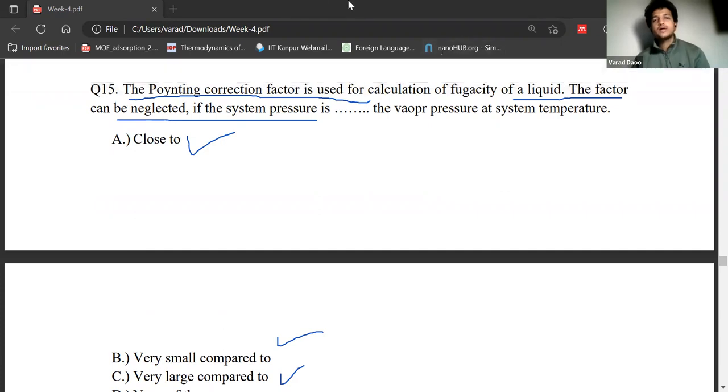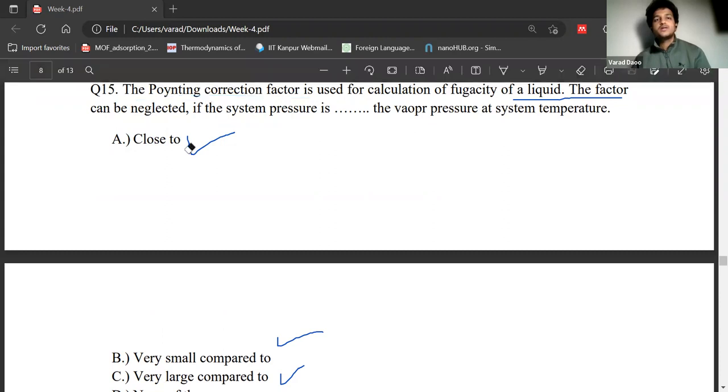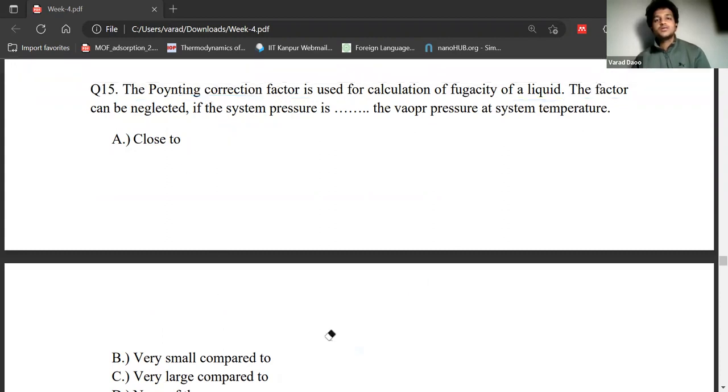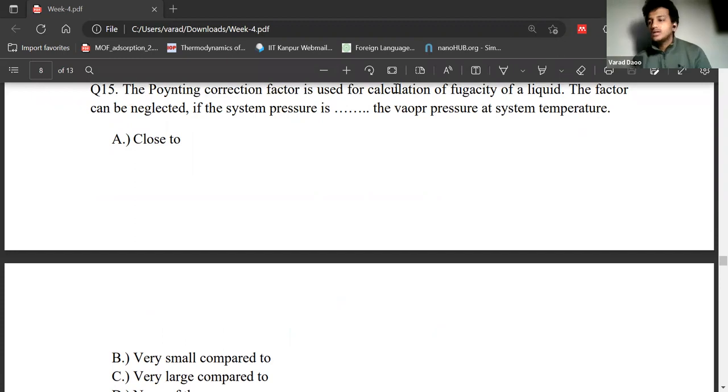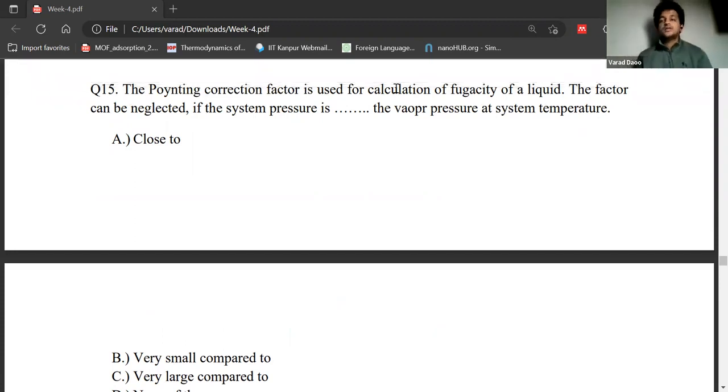So try it. I'll give you a couple of minutes for you to try, and then I'll give the answer. Actually, it's a very straightforward and very easy question.